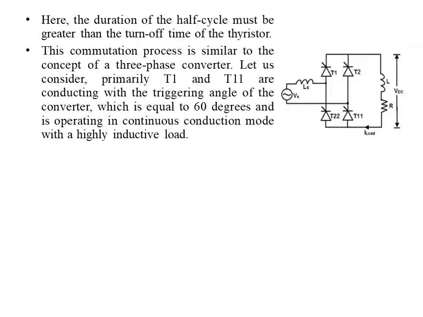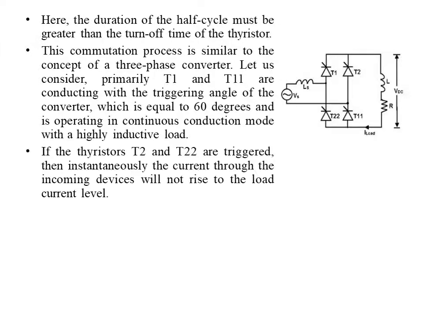This commutation process is similar to the concept of a three-phase converter. So let us consider that primarily T1 and T11 are conducting with the firing angle of the converter equal to 60 degrees, operating in continuous conduction mode with a highly inductive load.